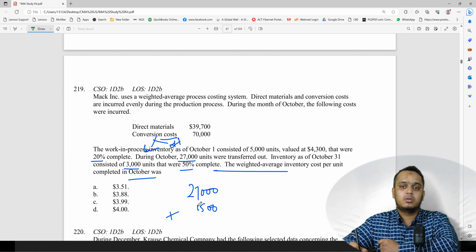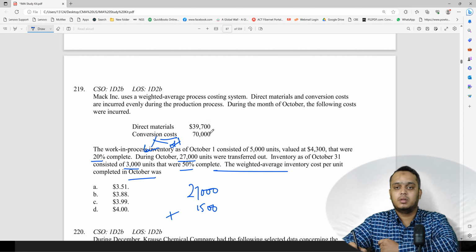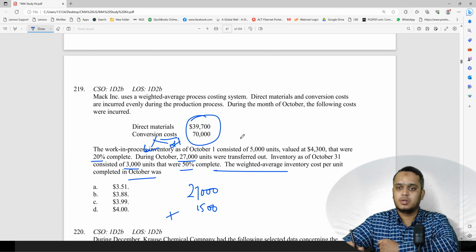Now he's asking what is the cost of this particular month. So this is my total cost. Now in this cost, if you see, direct material is there, conversion cost is there. So 39,700 plus 70,000. Now here we also have to add one more thing, which is 4,300.